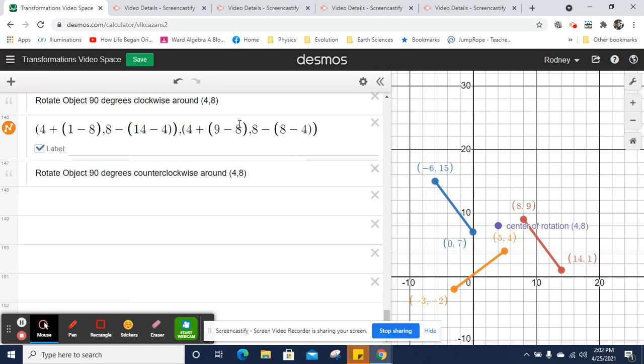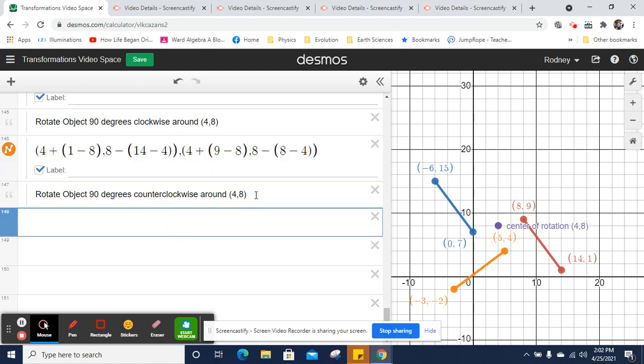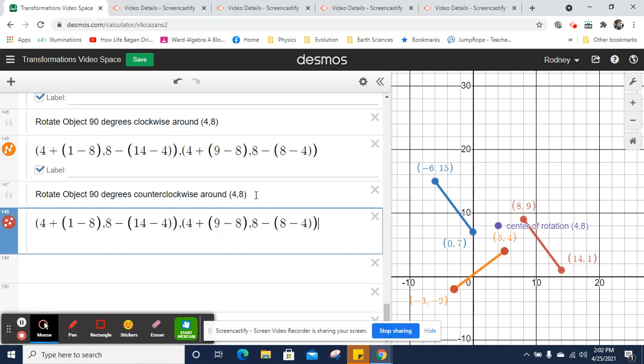So go ahead and if you haven't paused the video before you worked it out, pause the video. And I'm going to then assume you have paused the video, and let's do this. So I'm just copying what I just did, and all I have to do is change. So I'm still using 4, 8 as my reference point. And instead of adding the change in the y, I'm going to subtract the change in the y from 4. Instead of subtracting the change in the x, I will add the change of the x.